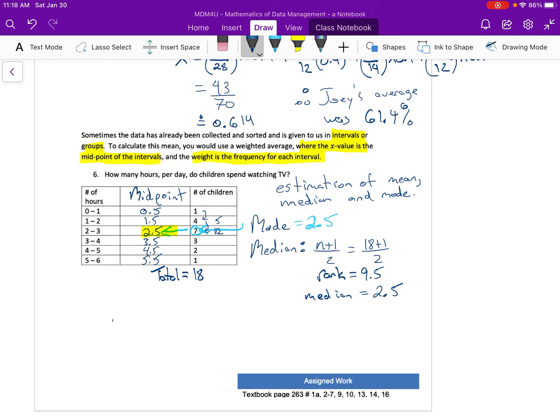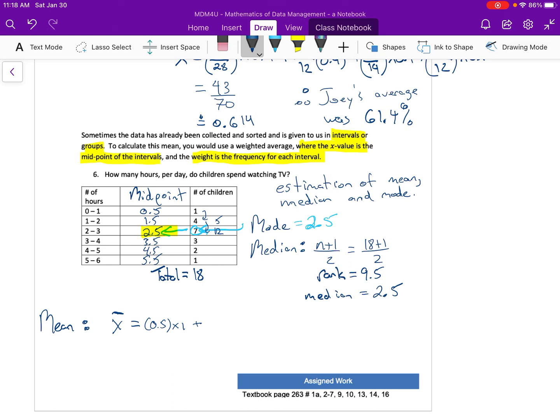So now the mean, let's do that. In this case, what we need to do is take our midpoint times the frequency. So we take 0.5 times 1, and then we do it for each of them.